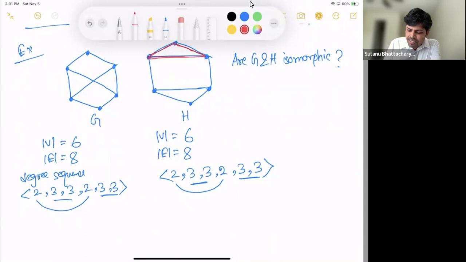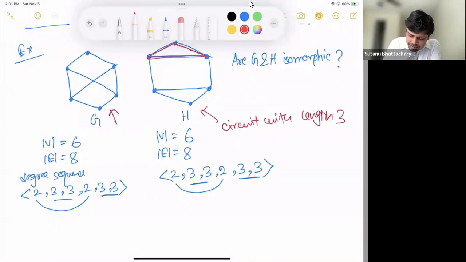So in graph G, we have a circuit with length 3. But in H we also have a circuit, but the length is 4. So here we have a circuit with length 4. Hence, they are not isomorphic.